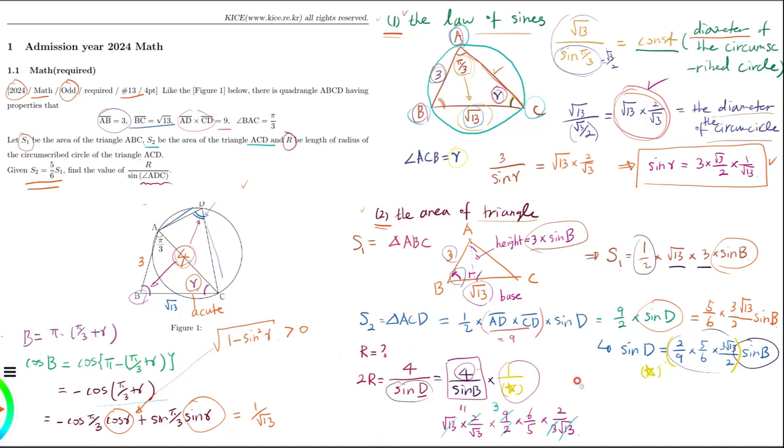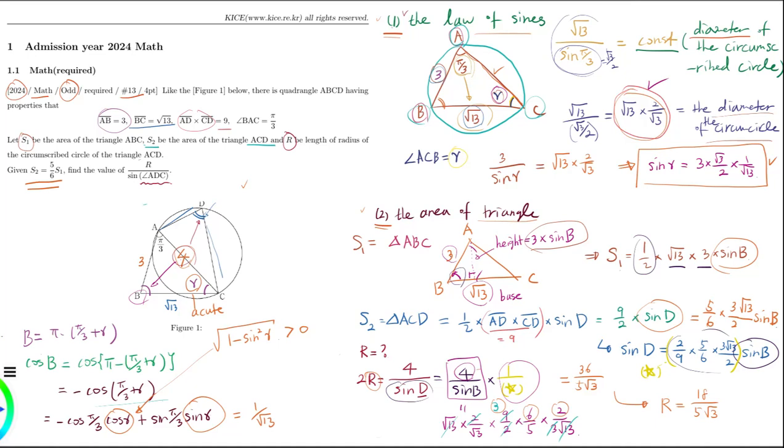So I have the value 18 over 5 times square root of 3 here. So anyhow, you get the value of capital R as 18 over 5 times square root of 3.